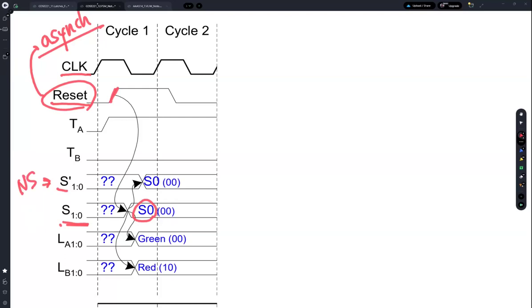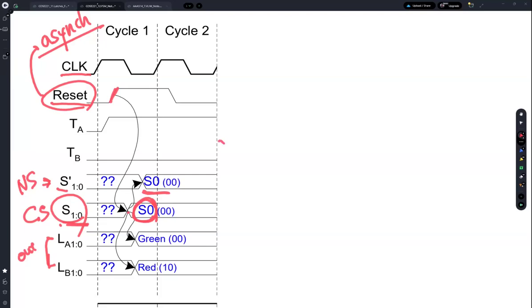And these are the outputs, LA and LB. When the reset becomes 1, then after some delay, the current state becomes S0, right?